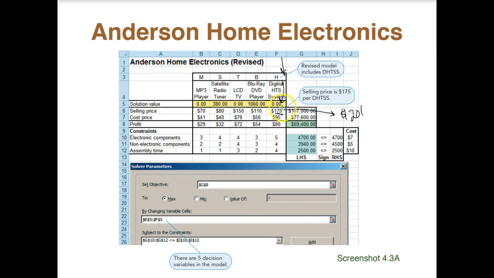So we've effectively priced ourselves out of making this particular product because we're not selling it for a large enough amount. And so we keep on just producing the satellite radio tuner and the Blu-ray DVD player.